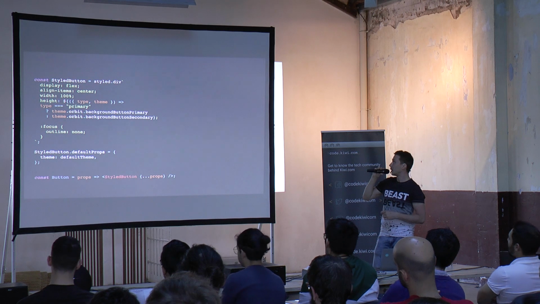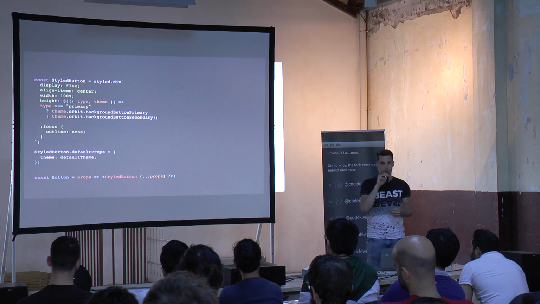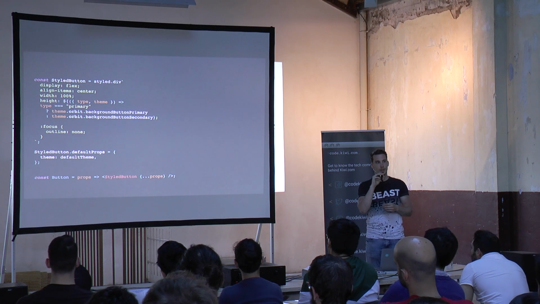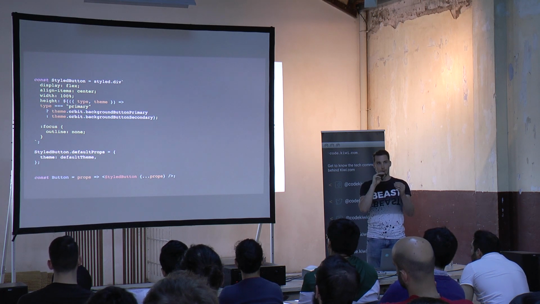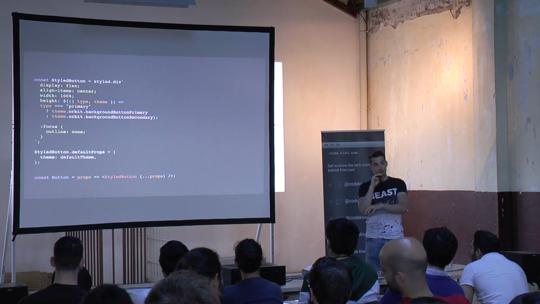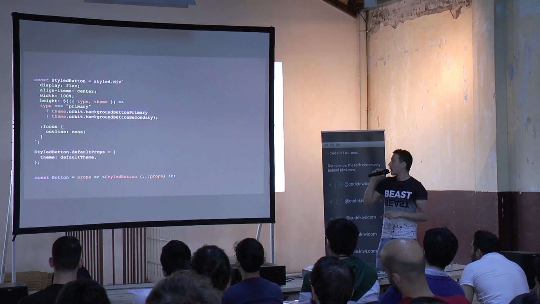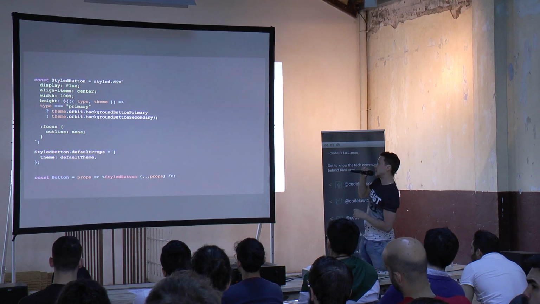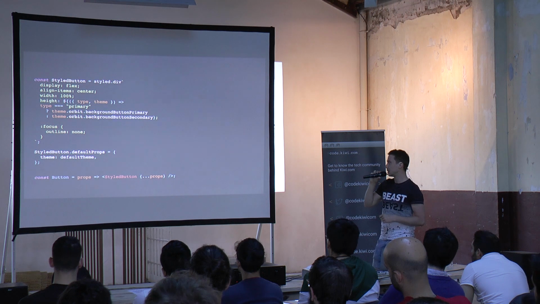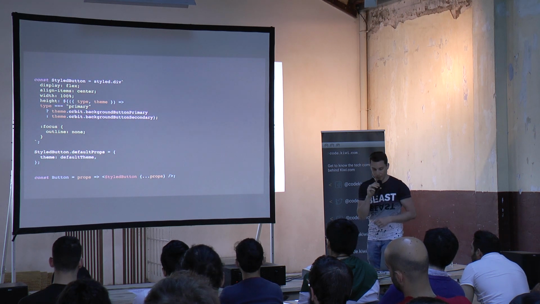And that means that in production, we don't have any big CSS bundle with a lot of lines of code that are dead, unused. And also, we can use focus and hover pseudo elements.